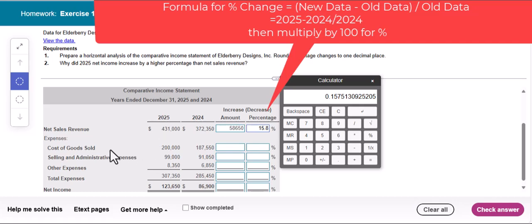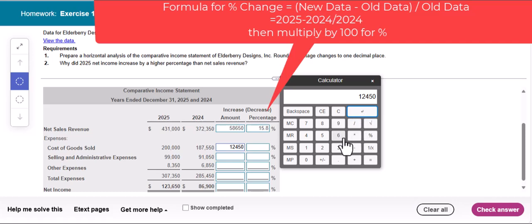Next, for our cost of goods sold, we're going to do the same formula. So we're going to take the new 200,000 cost of goods sold minus 187,550, and that is going to give us 12,450 positive. So that's an increase in cost of goods sold.